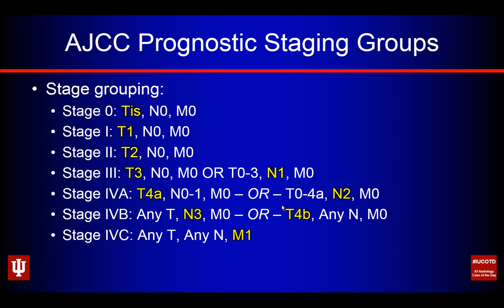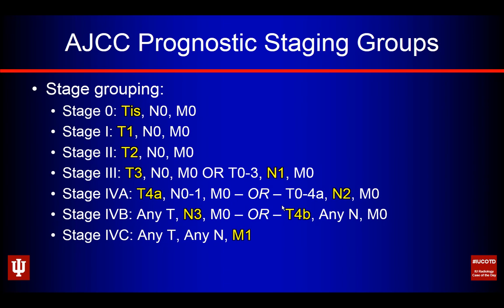Now where it gets ugly are the stage 4s, and you have a stage 4A, a 4B, and a 4C. But just take a look at your T4A, that goes with stage 4A. That's pretty easy. Or if you have any T category, T0 up to T4A, but you have N2 nodal category, that will also put you into stage 4A. If you have N3 category, that's going to put you to stage 4B, or if you have T4B tumor, that puts you to stage 4B.